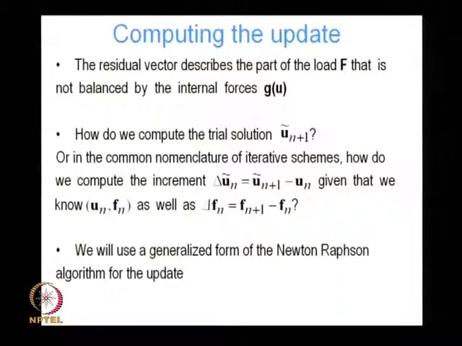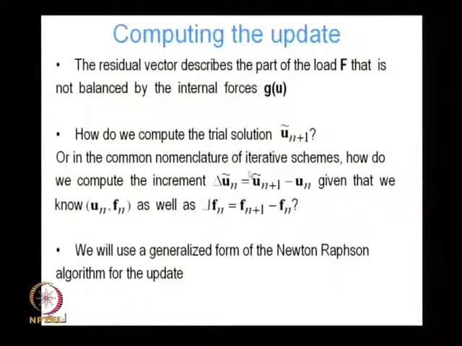So, let us take a step back again. How do we compute the trial solution u tilde n plus 1, or in the usual nomenclature of iterative schemes, how do we compute the increment delta u tilde n? I am just introducing some new terminology. My guess, u tilde n plus 1, minus the value of the displacement at step n is the approximate increment, delta u tilde n.